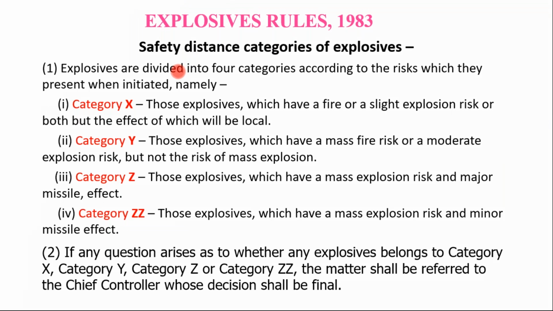Explosives are divided into 4 categories. With reference to the Explosive Rules, there are 4 categories of explosives according to the risk they present, namely X, Y, Z and ZZ. So what does the X category mean? Explosives which have a fire or slight explosion risk, or both, but the effect of which will be local.